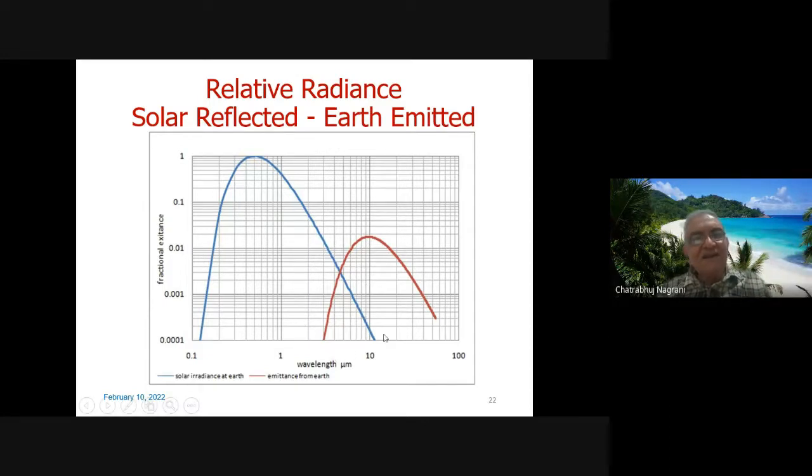In this region there will be confusion. To avoid that confusion, when I make measurements from 3 micron to 6-7 micron, if I want to measure the Earth's radiance, I make those measurements at night because there is no sun.